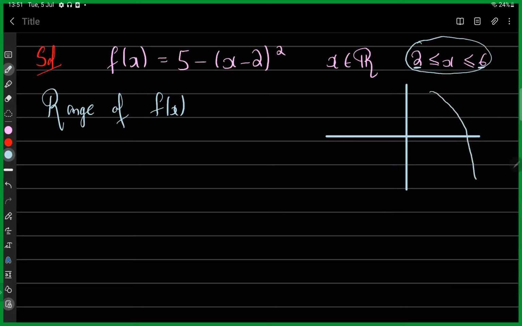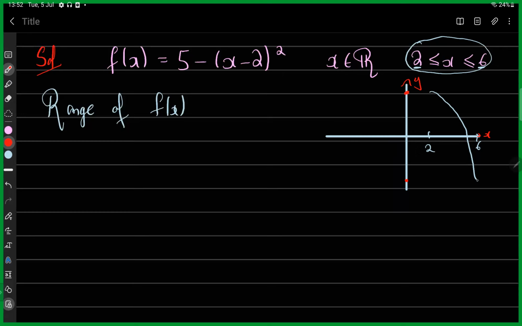All right, so this was 2 and this part was 6. Now you can clearly see this is my y-axis and this is my x-axis. When we talk about the domain, we look at the x-axis, that part is done. When we talk about the range, we look at the y-axis. So it's basically these two points.